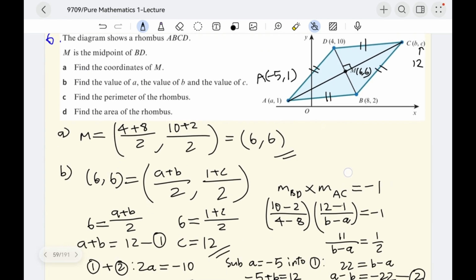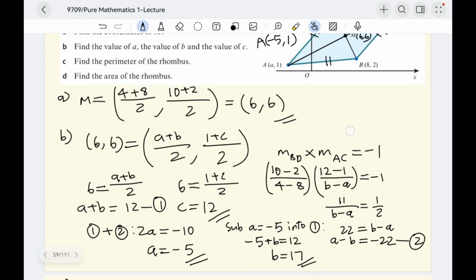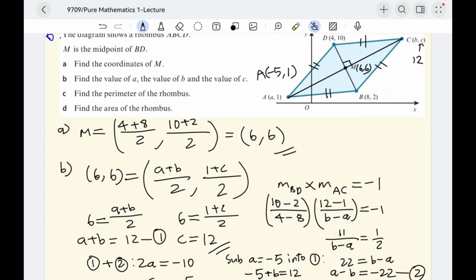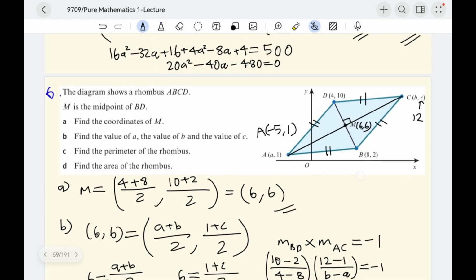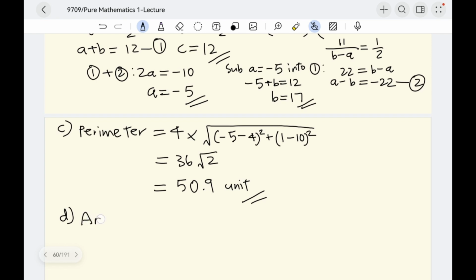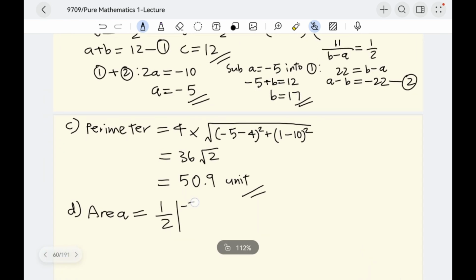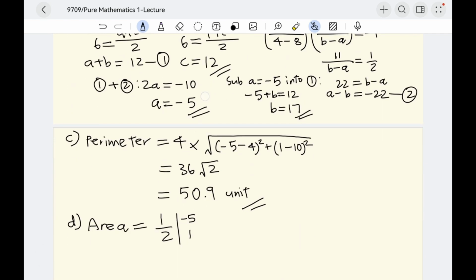Find the area of the rhombus. So how to find the area of the rhombus? You can directly use the shoelace formula to get the area of the rhombus. Find the area by using the shoelace method. So let's start from A, which is negative 5, 1. Okay, B, 8, 2.